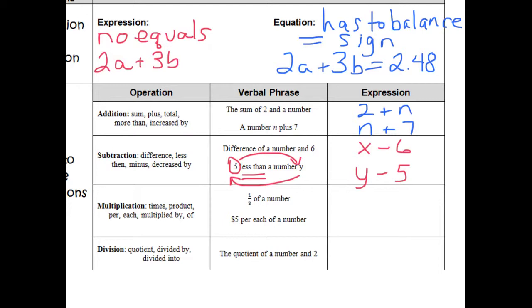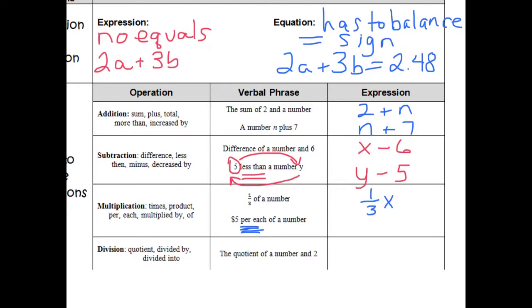So if you ever forget, 2 ways to remember it. The words less than, it's 2 words, you're going to flip everything. Or just put it into 5 less than 8. I know it's 3, put it in the correct order. Okay, multiplication. We got 1/3 of a number. Now something you're going to see an awful lot in algebra is the word per.